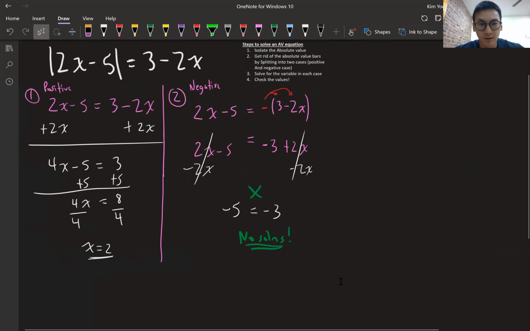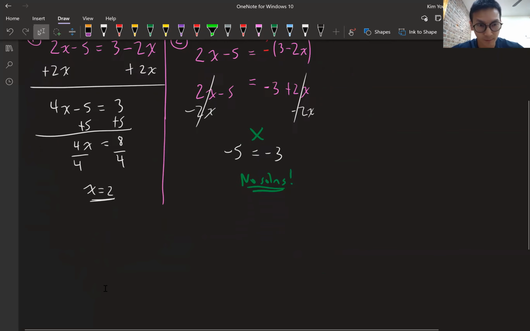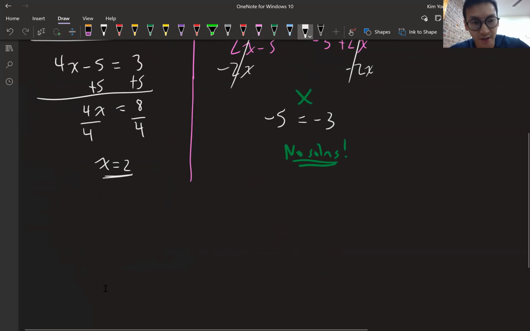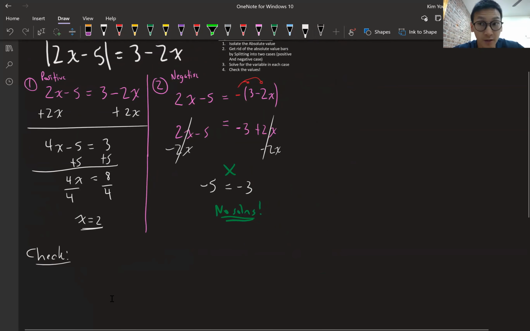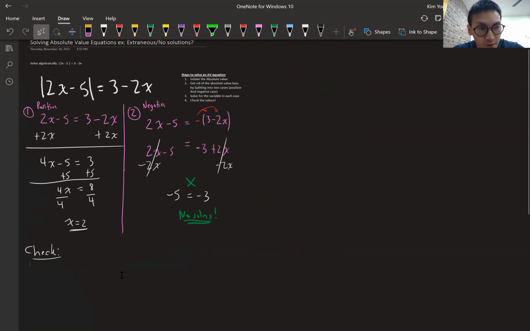So the only possible solution is this one, but we still have to check it. Let's do that check by plugging it into the original absolute value equation. Here we're going to plug in 2 for x.